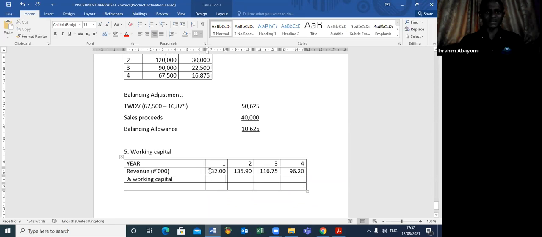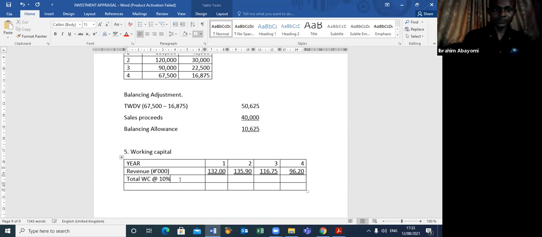Instead of wasting my time, let me just underline it here and put total working capital at 10% of revenue. It's better that way.